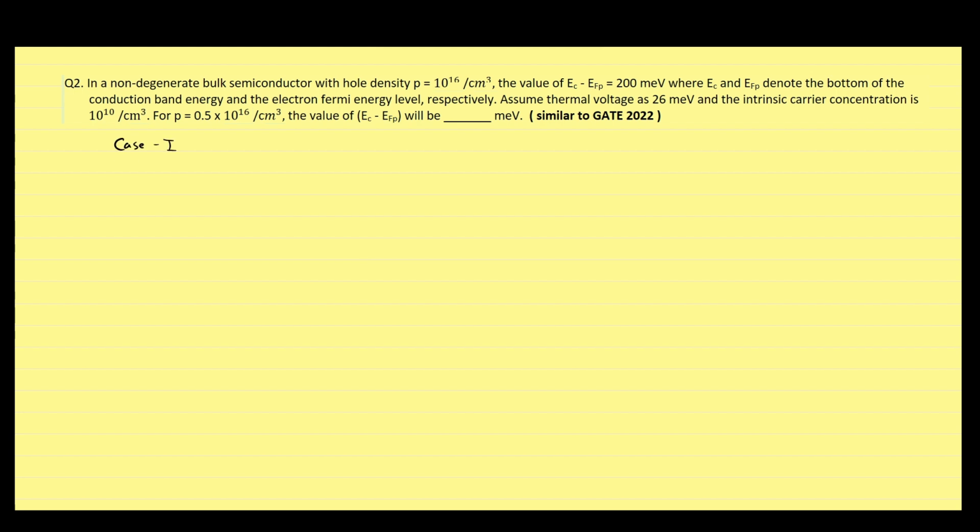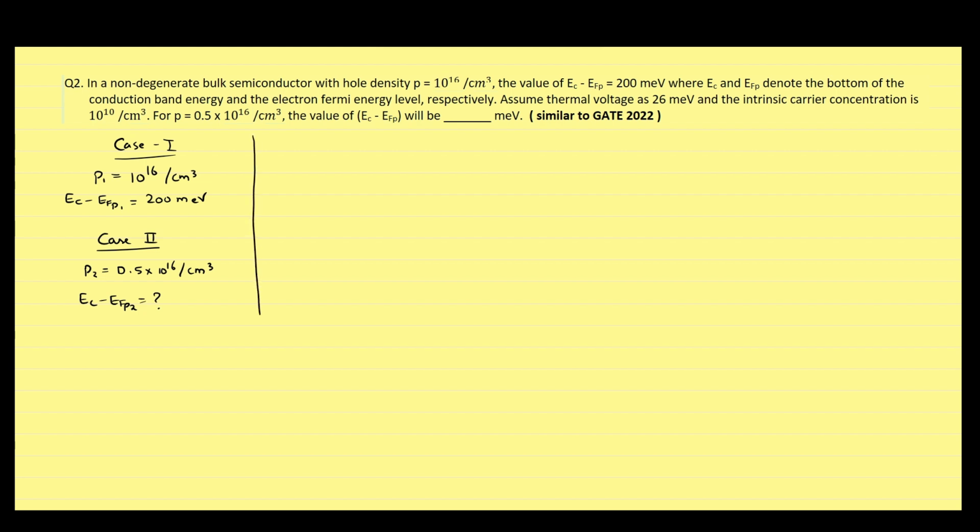Case 1: P1 is 10 to the power 16 per centimeter cube and EC minus EFP1 is 200 millielectron volt. Similarly, case 2: P2 is 0.5 multiplied by 10 to the power 16 per centimeter cube and EC minus EFP2 is asked.